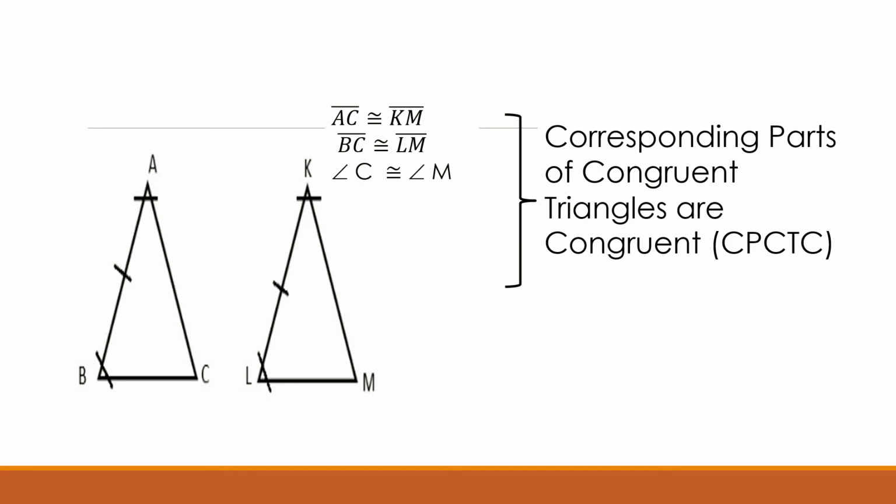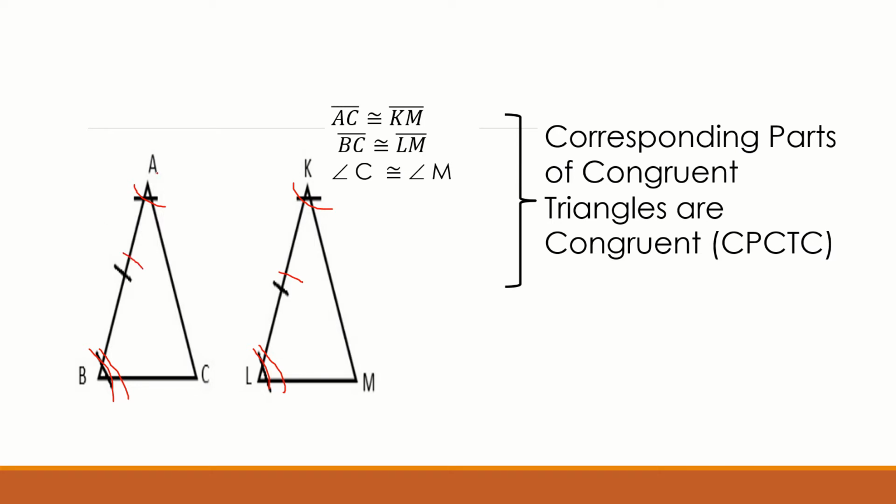So, let us have an example. Say, for example, this triangle ABC is congruent to triangle KLM. Makikita natin, ang may mark dito is angle A, which is congruent to angle K, and angle B, which is congruent to angle L. And we have side AB is congruent to side KL.